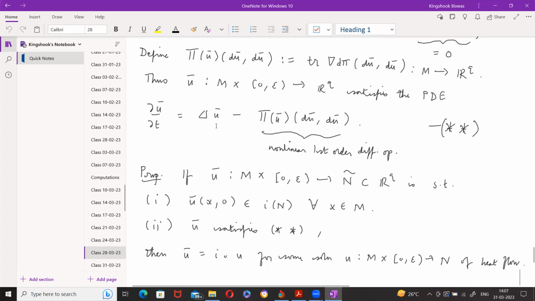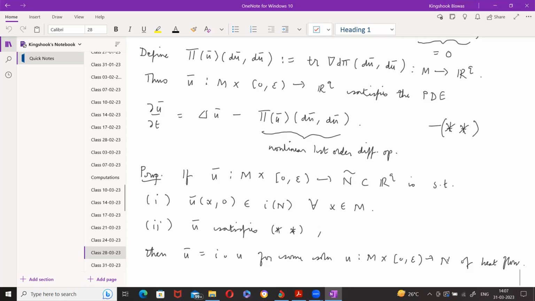If U bar satisfies this PDE and takes values in I of N at time 0, then in fact it takes values in I of N for all t. And so then we can say that U bar is of the form I composed U, where moreover U is a map taking values in N, and U is a solution of the harmonic maps heat flow.